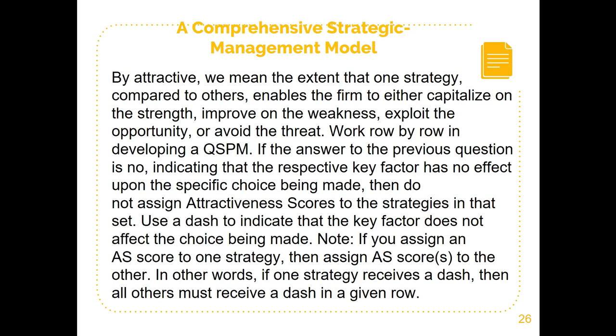Note, if you assign an AS score to one strategy, then assign AS scores to the others. In other words, if one strategy receives a dash, then all others must receive a dash in a given row. Okay?